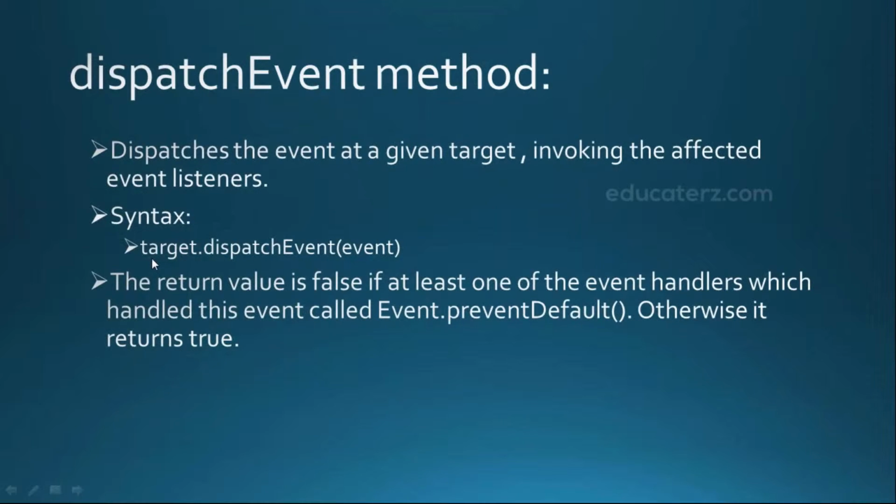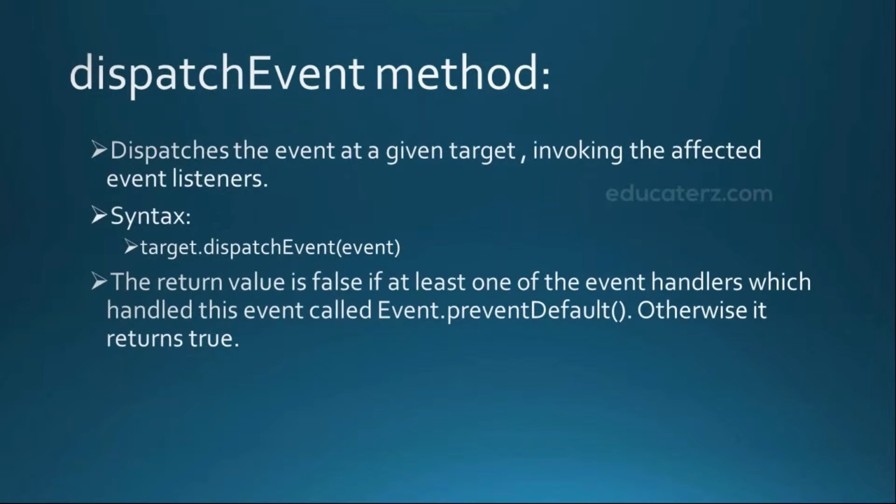Target can be any DOM element, and over the DOM element we are calling the dispatchEvent method by passing the event type. Event type can be click or mouseover, like that. The return value will be false if one of the event handlers has called the preventDefault method, or else it will return true. By this you can know whether the event handlers have called the preventDefault method or not.